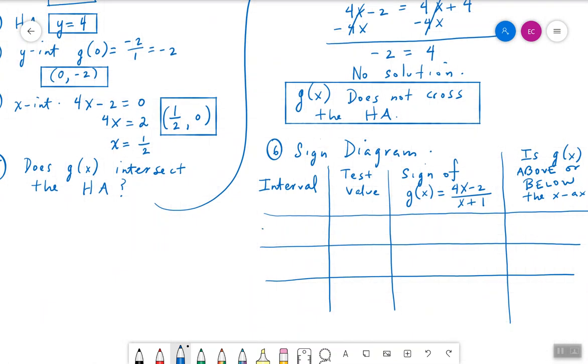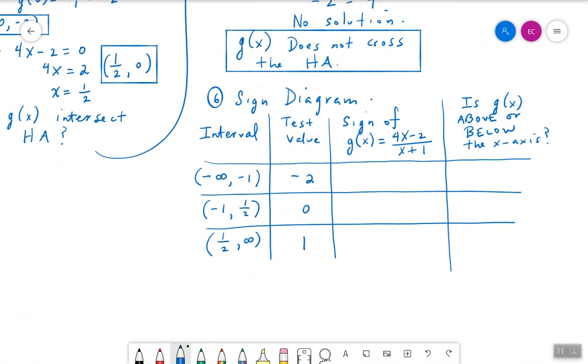So when we start from -infinity, we go up to the first number, the -1, and then we can continue on the other side of that up to 1/2, and then from 1/2 all the way to infinity. Test values -2, 0, and 1 would work fine.